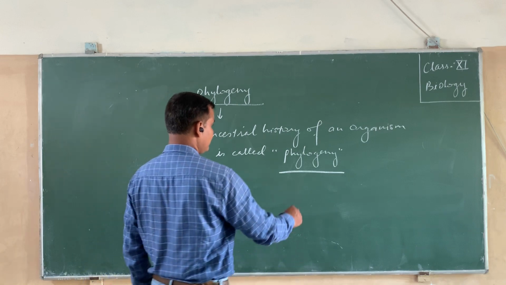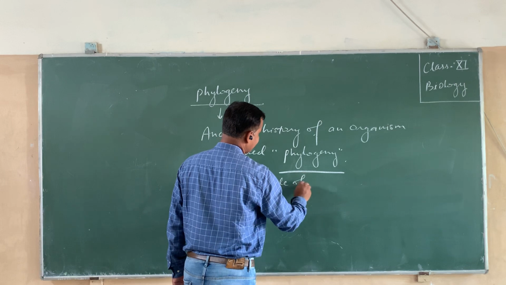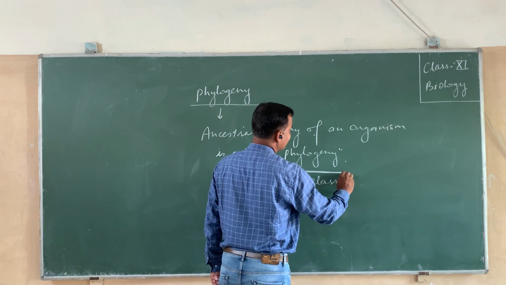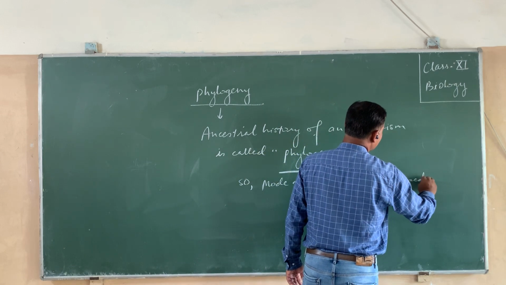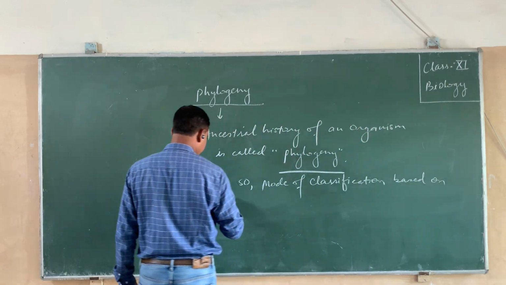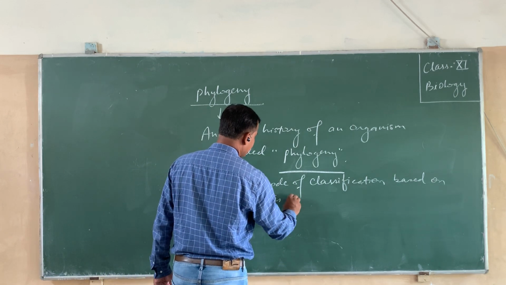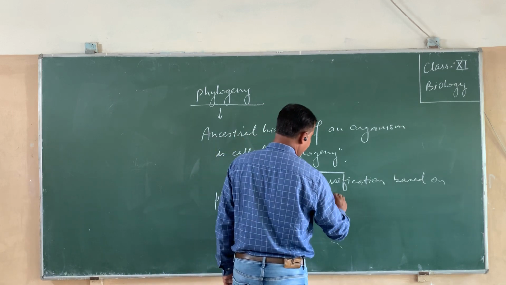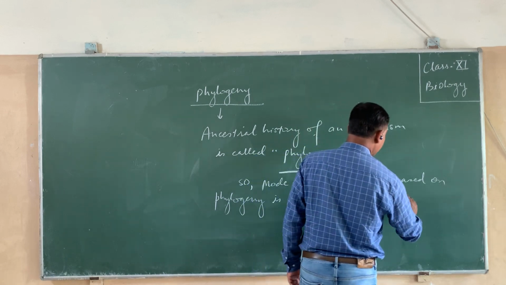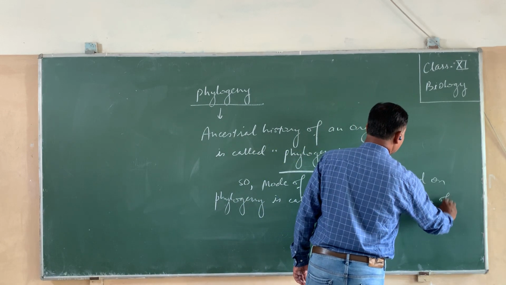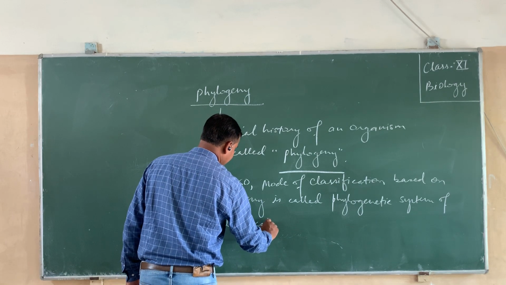The mode of classification based on phylogeny is called phylogenetic system of classification. Right?